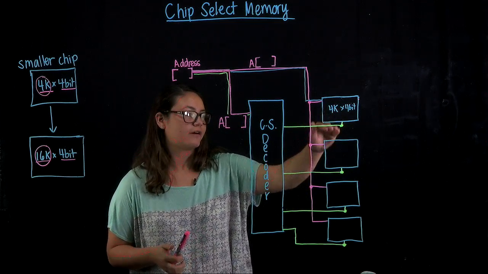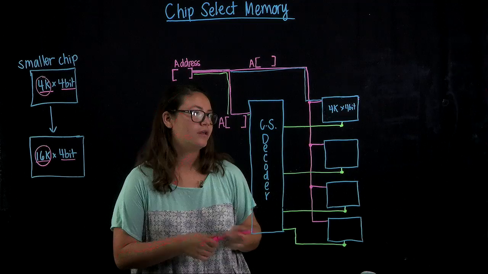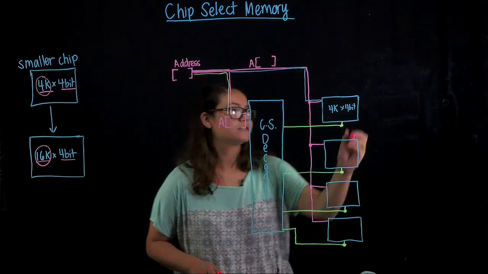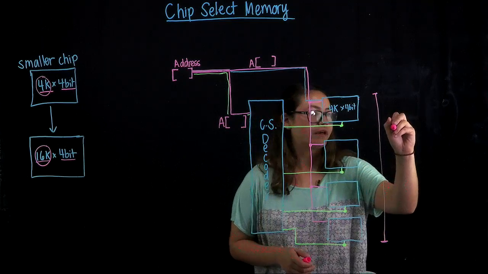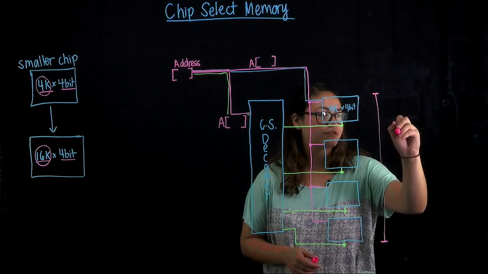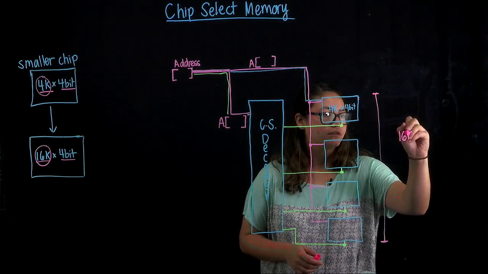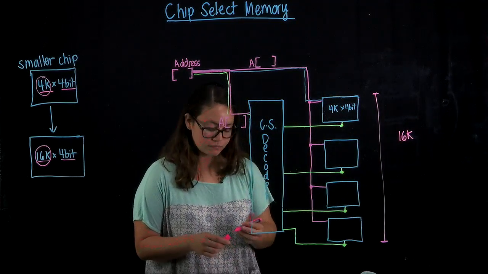So if we have 4 rows, we'll get a total of 16K locations. So the address space here is going to be 16K.